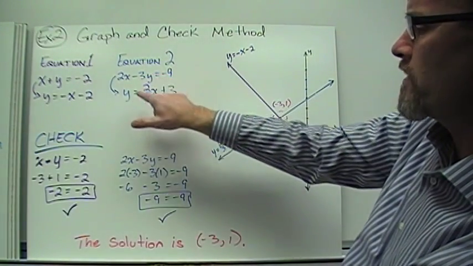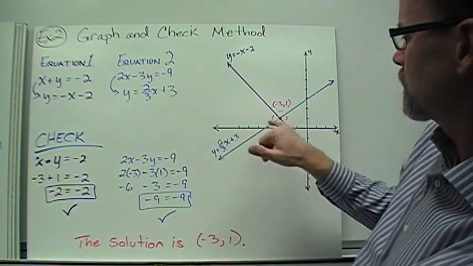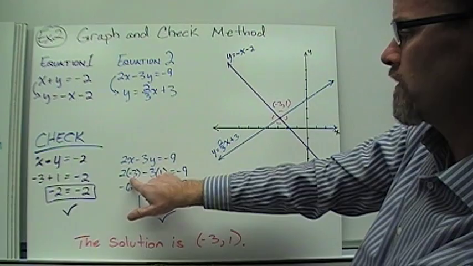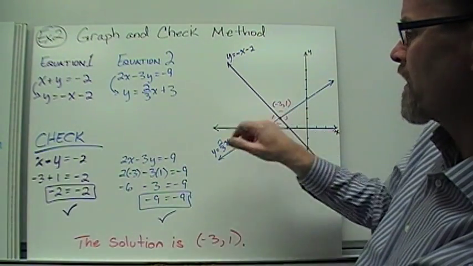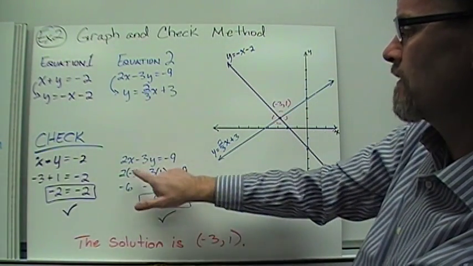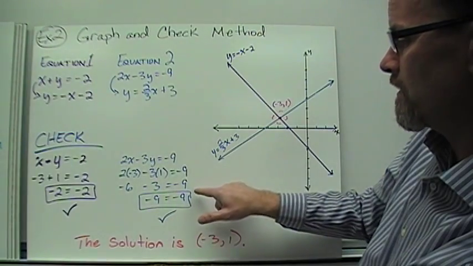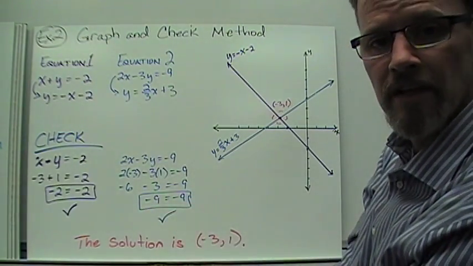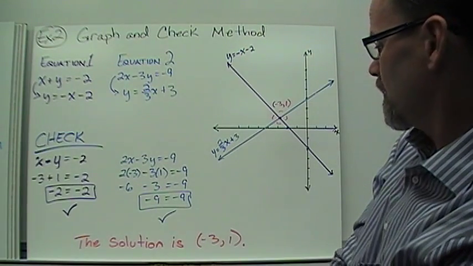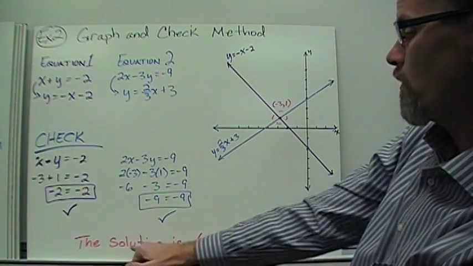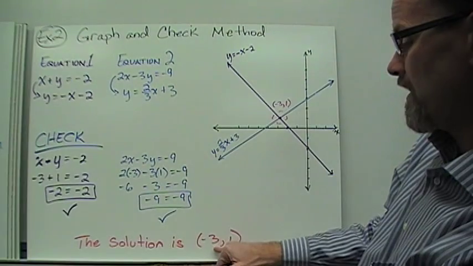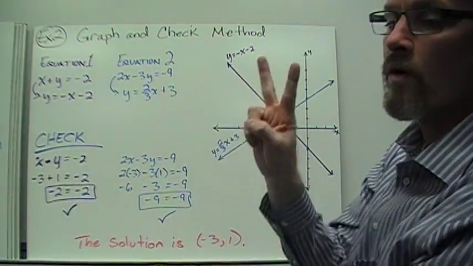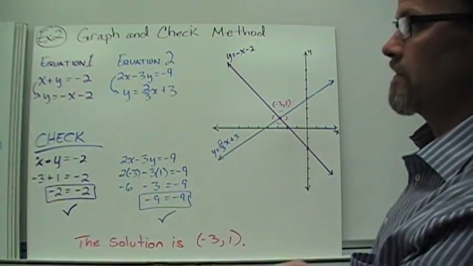Then the original equation number 2: negative 3 is substituted for x, 1 for y. I do the calculation and find that yes, negative 9 equals negative 9. It checks out. So this solution ends up being negative 3, 1 for the two equations.